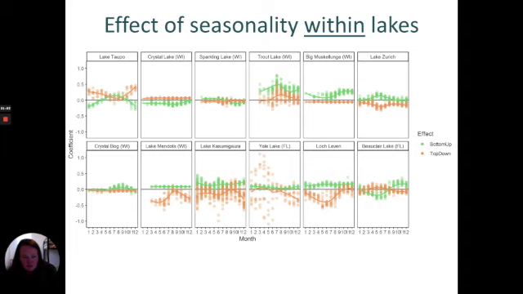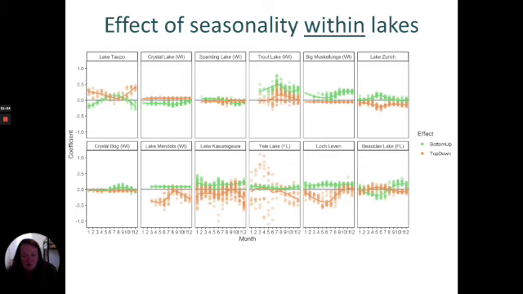Okay, so next we have the effect of seasonality within lakes. This is the interaction strengths within each lake plotted against month. And you can see that many of these show some seasonality, which we've already showed is not directly related to temperature or species richness or any of the other nutrient drivers that we measured.